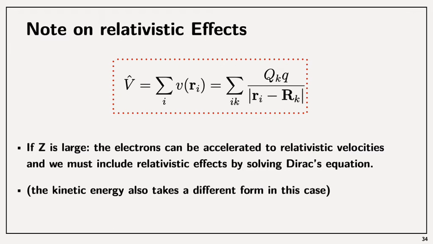I mentioned to you relativistic effects. Relativistic effect is sometimes that velocity I just mentioned to you could be so large that it's a fraction of the speed of light. In that case, we do have to worry about relativistic effect, like in the hyperfine description of the hydrogen atom.